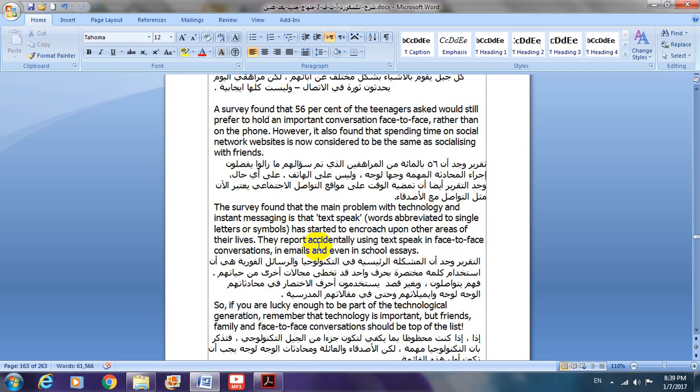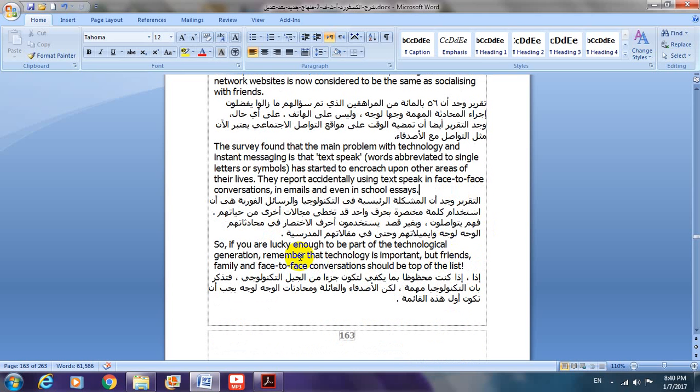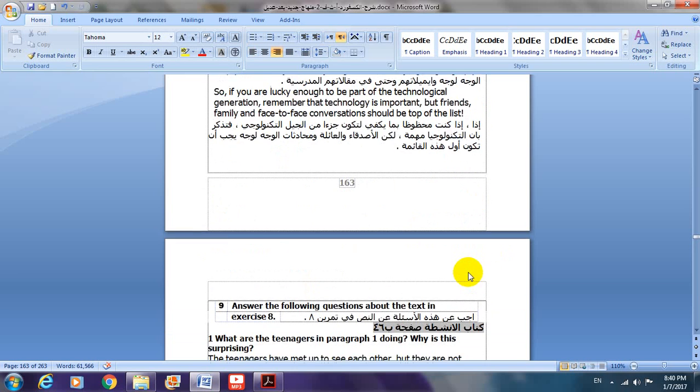They report accidentally using text-speak in face-to-face conversation, in emails, and even in school essays. So if you are lucky enough to be part of the technological generation, remember that technology is important, but friends, family, and face-to-face conversation should be top of the list.